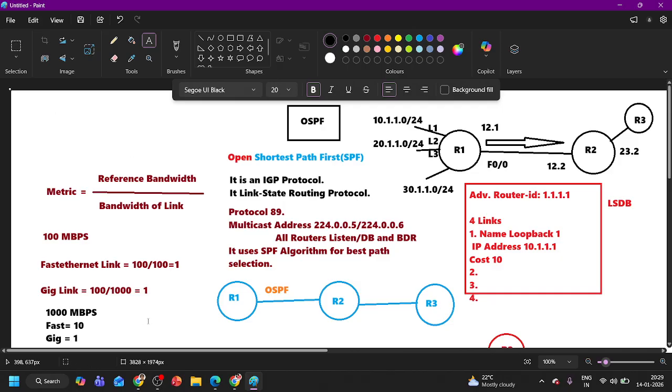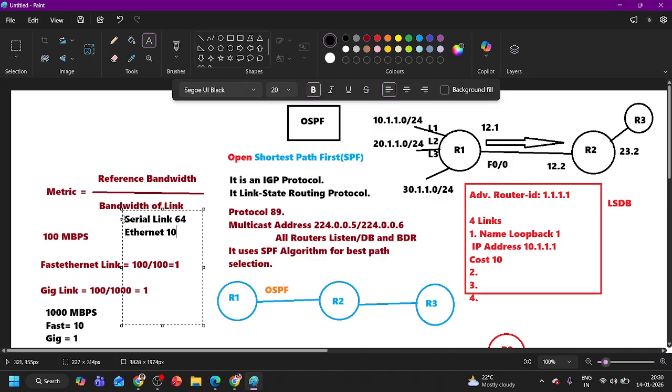Clear? So on the serial link, if you check the OSPF cost, the cost is going to be 64. You can calculate it: reference bandwidth 100 divided by the bandwidth of the serial link, you will get 64. If you calculate the cost on a Fast Ethernet link or Ethernet link, then on the Ethernet link the cost is going to be 10.